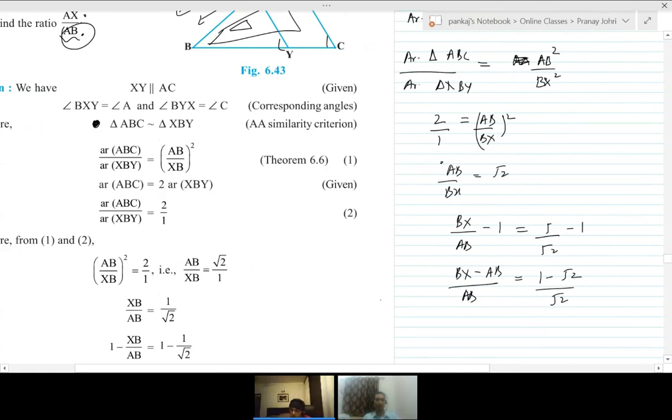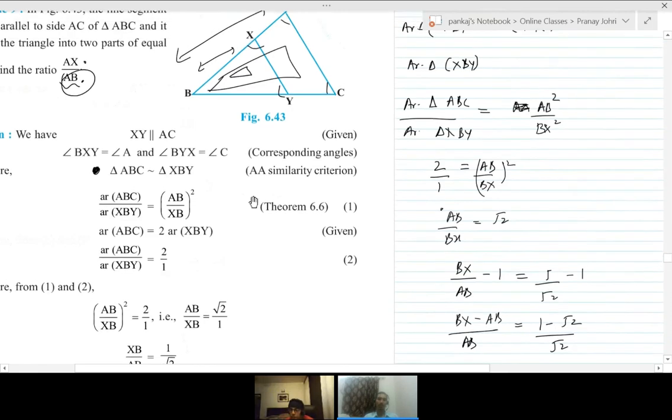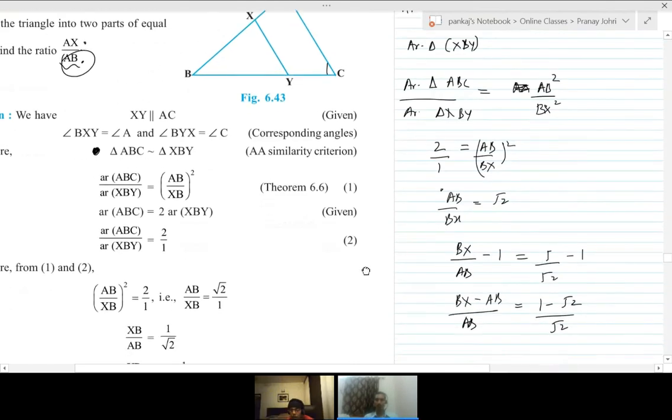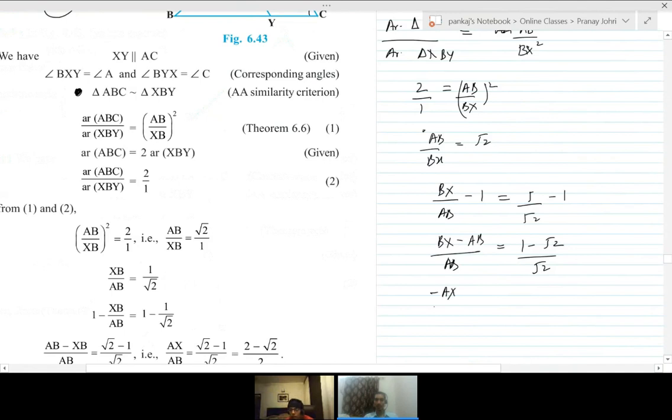What is BX minus AB? BX minus AB, so this is the smaller length. 1 minus 2. It is minus AX. We can write minus AX by AB, 1 minus root 2 by root 2. So just converting this to plus.